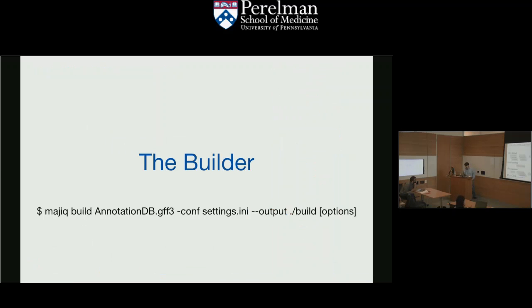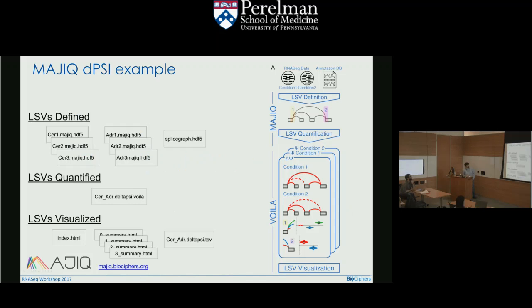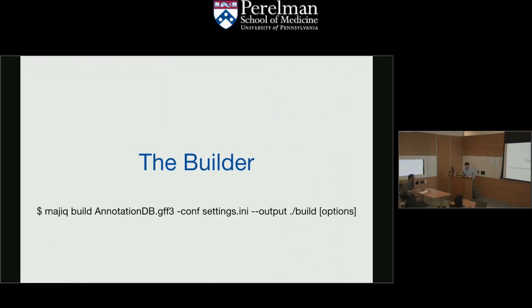So we'll go over each of these main 3 steps and mention the different parameters there. So the first step, like I mentioned, is the builder that defines your LSVs. This is the basic command line that I've alluded to. You're doing MAJIQ build. You give it your annotation database, a GFF3. We'll go over what that format means.